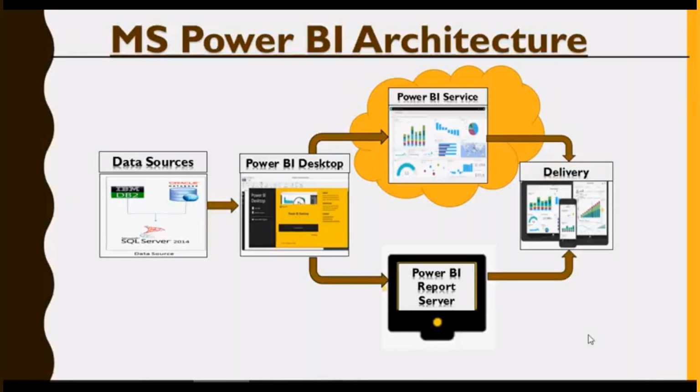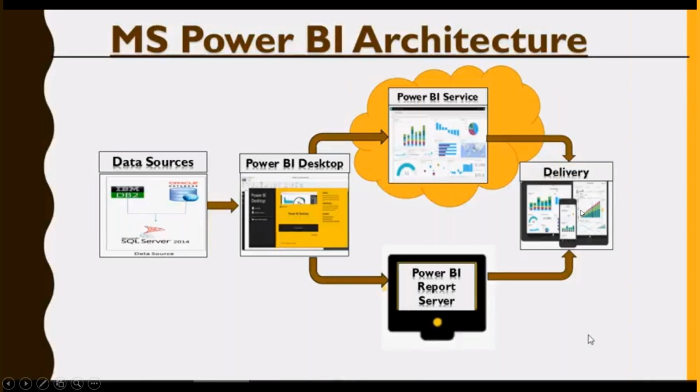Okay, coming back to the Power BI architecture, this has been explained in a simple way: we can connect to the different data sources. We can use Power BI Desktop. Then we have the Power BI service, which is for our cloud, and the report server, and finally the user can access the reports.